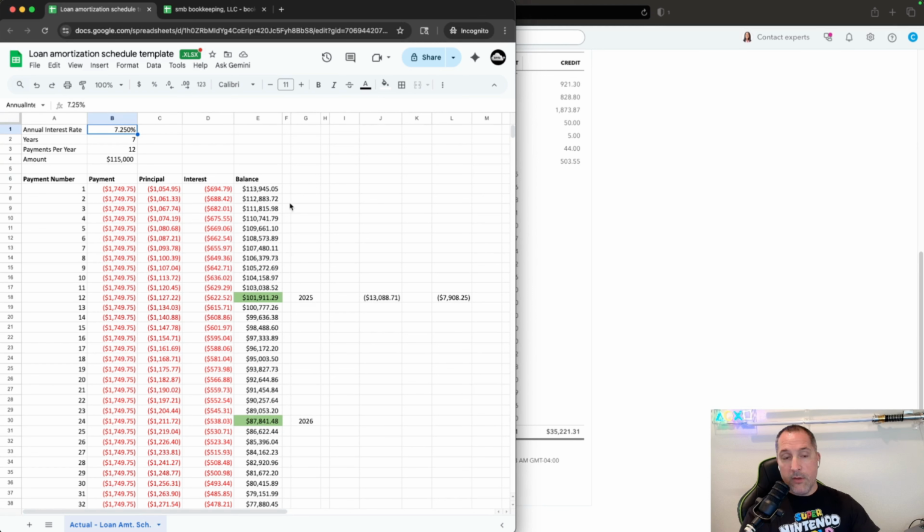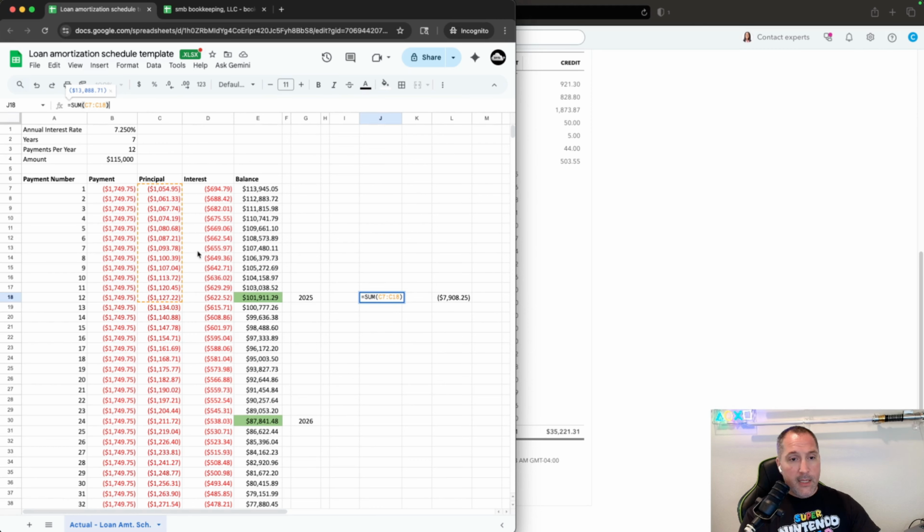So here in the amortization schedule, this was for a food truck that was purchased as an example, for $115,000. We had an interest rate, number of years, periods per year, typically 12. Here I've just simply totaled the interest paid for the year, all 12 months, and I've also totaled the principal paid for the year, all 12 months as well.